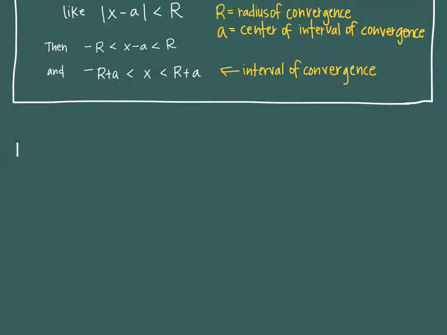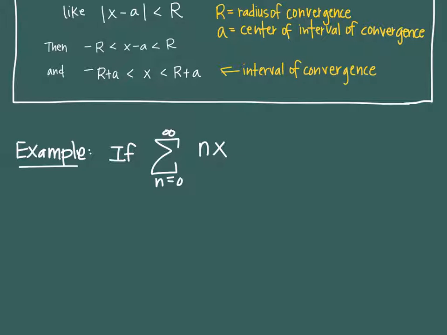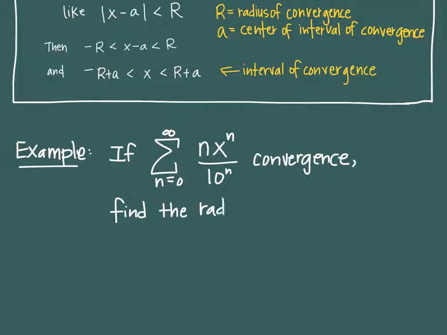So here's how that's going to be put into practice. If the summation going from 0 to infinity of the series n x to the n over 10 to the n converges, then find the radius and the interval of convergence.